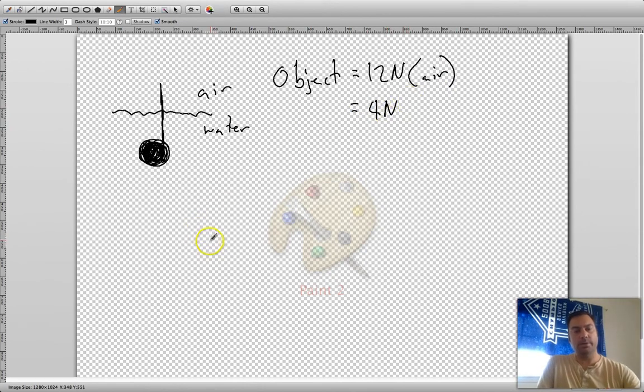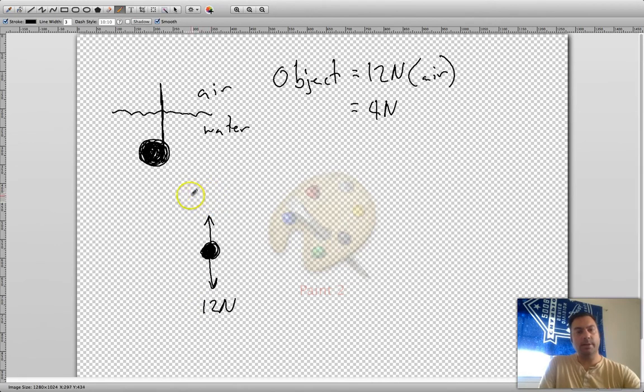And so we could actually just draw a diagram and figure out what the forces must be. So here's our object. Put an arrow up this way and an arrow going down that way. We know that the net weight is 4 newtons. Well, we know that it's pulling down with 12 newtons. That didn't change. But the buoyant force is pulling it up in this direction.